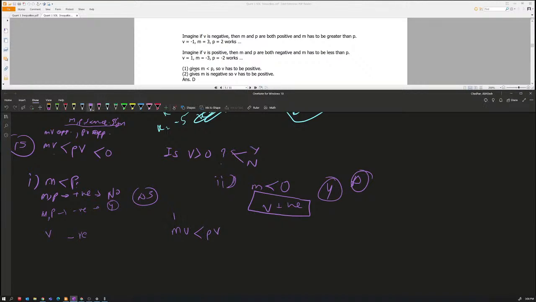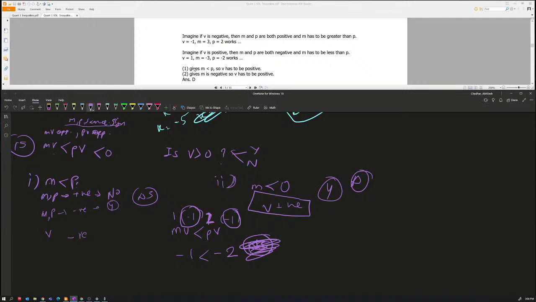Let's take M and P as 1 and 2, and let V be minus 1. In that case, minus 1 is less than minus 2, which is not correct. So that's why this has to be positive. That makes sense when we know that this is negative and this is positive.